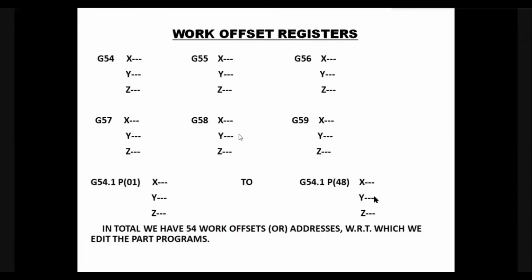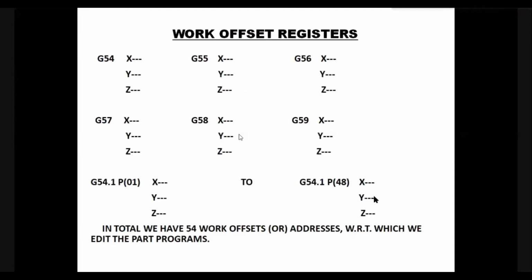That means we will do the part program with reference to a reference point on the workpiece, so we can directly take the dimensions specified in the engineering drawing and use them readily. But when we mount the workpiece on the work table, the machine does not know where the reference point on the workpiece is located with reference to the machine origin.